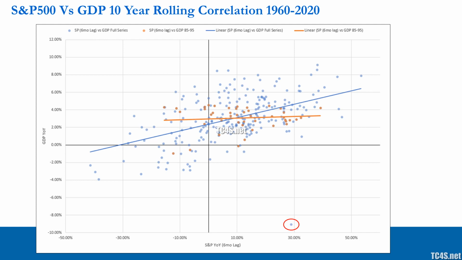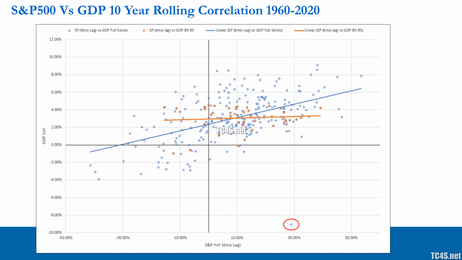And then you can see the top right quadrant. This is where GDP is reported up and S&P 500 is reported up. So you can see and understand visually here when we look at the pale blue dots, the full data series, the pale blue dots are showing us visually that the vast majority of cases here are when the GDP number is reported up and the S&P 500 number is reported up also.